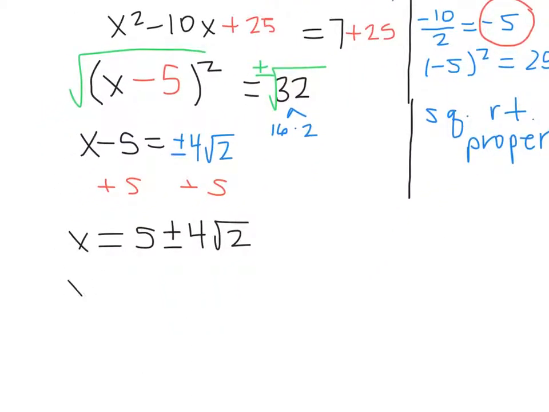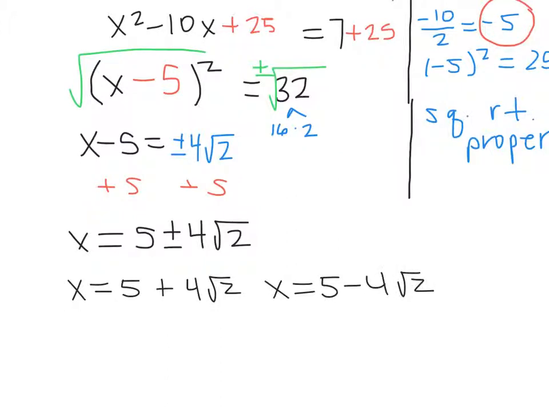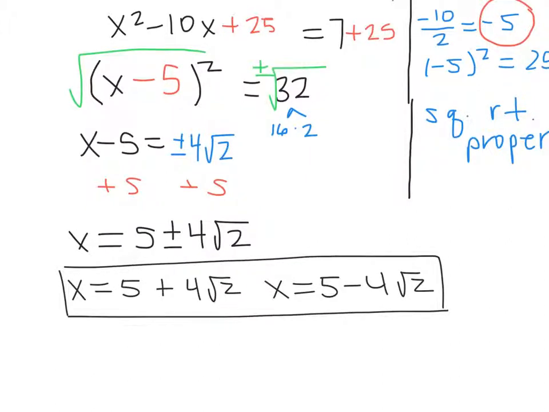We've got the positive case, x equals 5 plus 4 square root 2. And we've got x equals 5 minus 4 square root 2. And we cannot simplify those anymore because one has that square root 2 and the other doesn't have a square root, so they just stay like that.